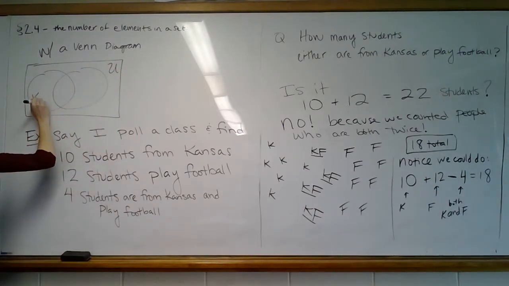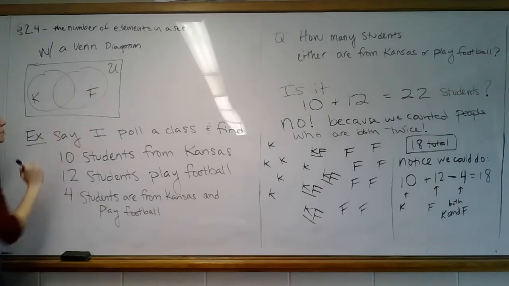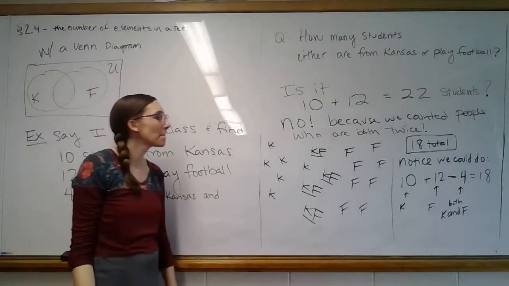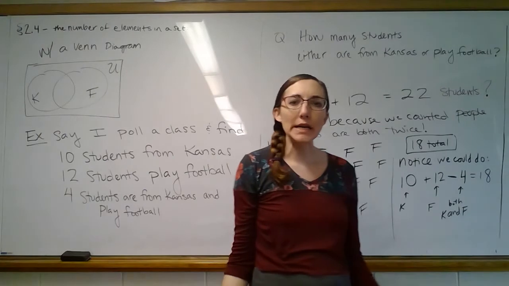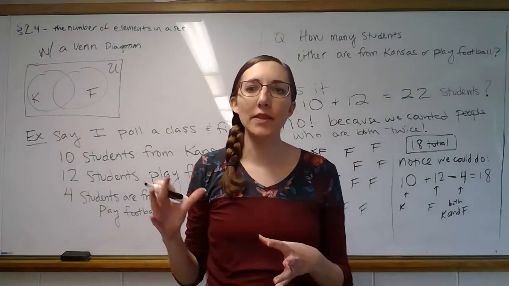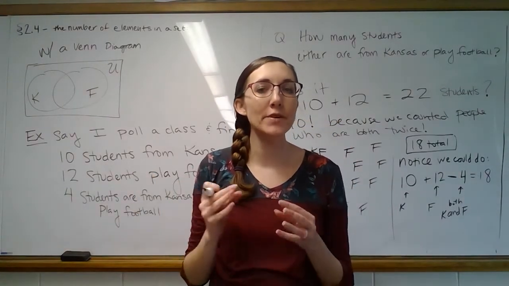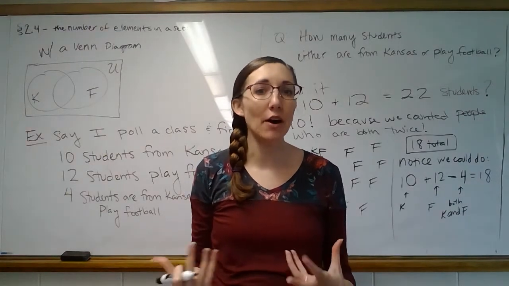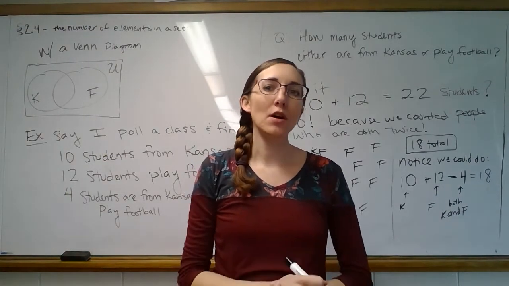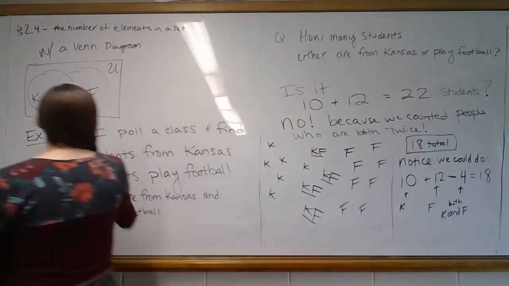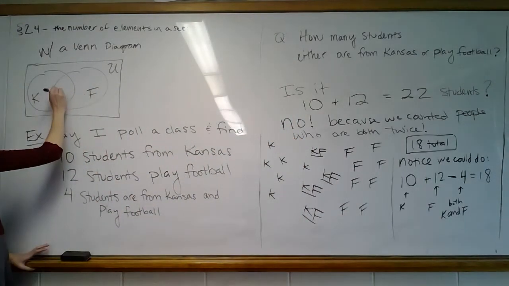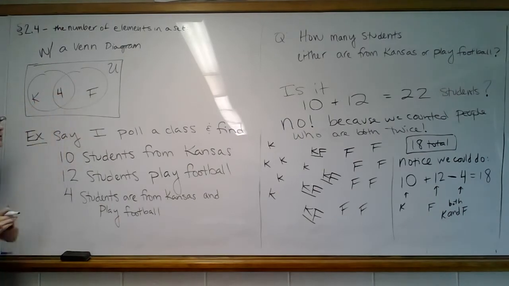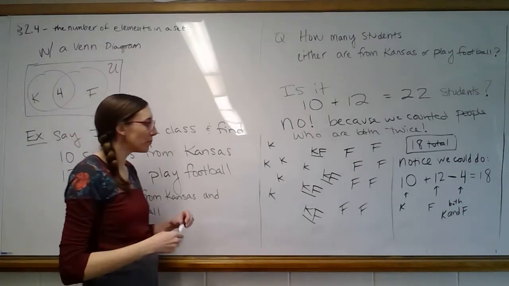There's the Kansas people and there's the football players. And what we want is to take advantage of that in this diagram, every region represents a unique set of people. So, for instance, this overlap region represents the 4 people who do both.